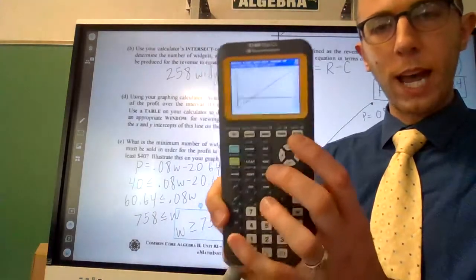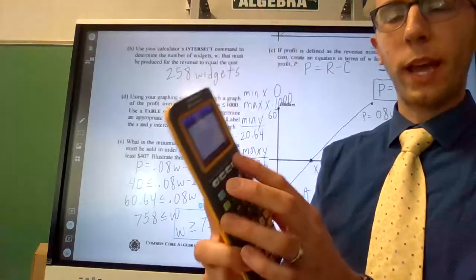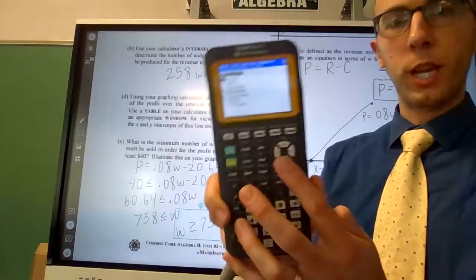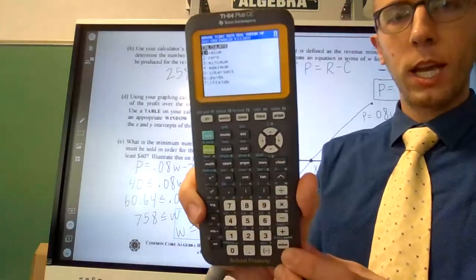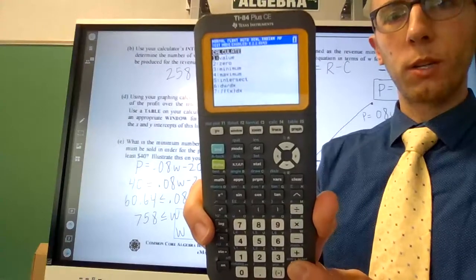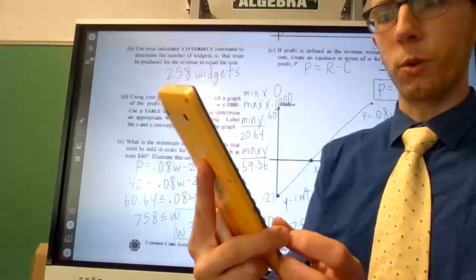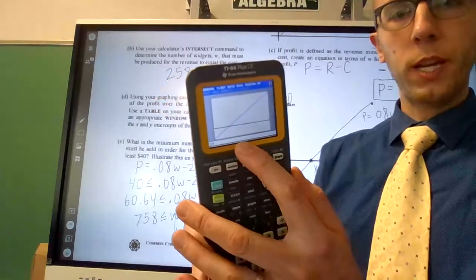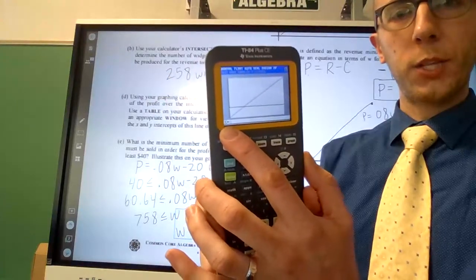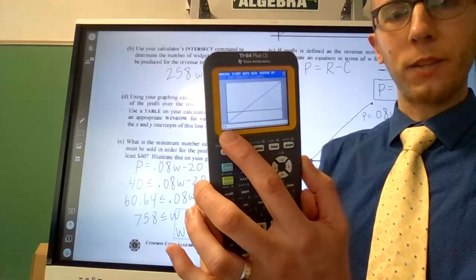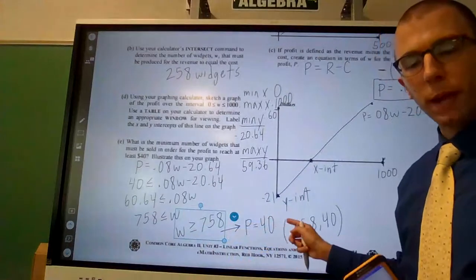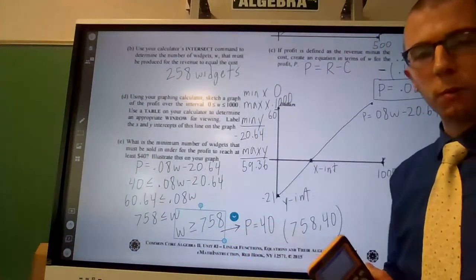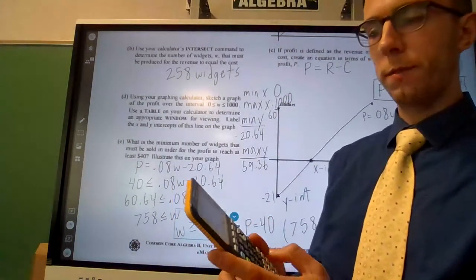So if we're already on the graph, press second trace, which again brings up the calculate menu, and press enter on value. We want to find a specific value. And you should see your cursor blinking on the bottom here, says X equals. Well, we know based on the work we just did that we want X to be 758.